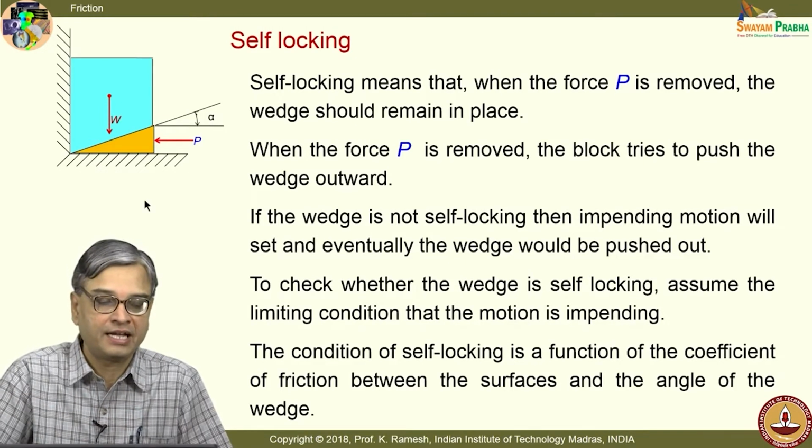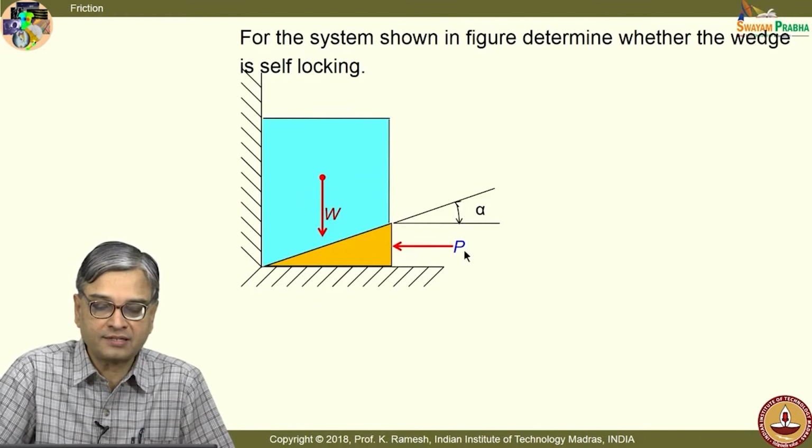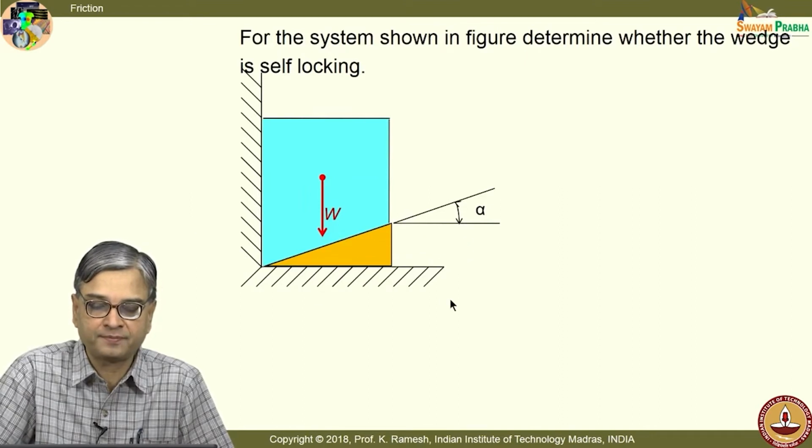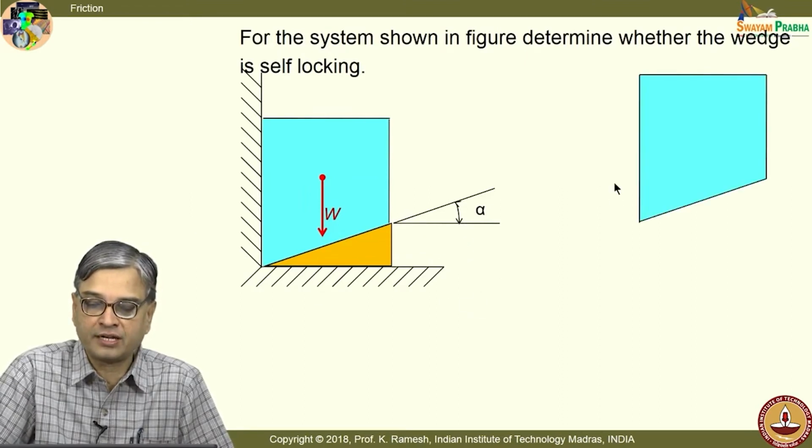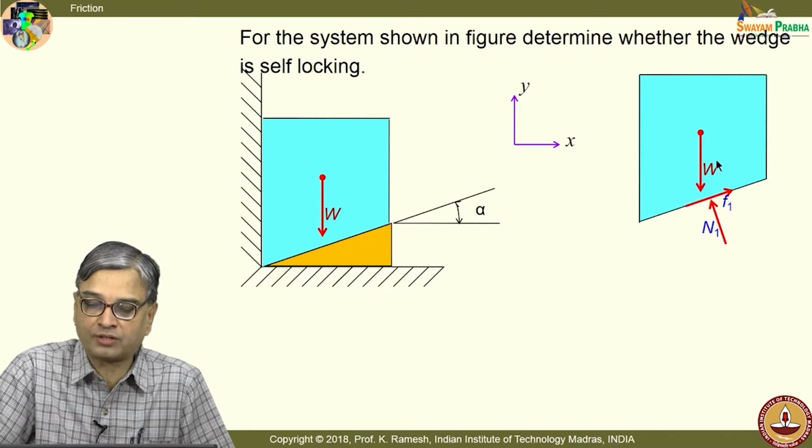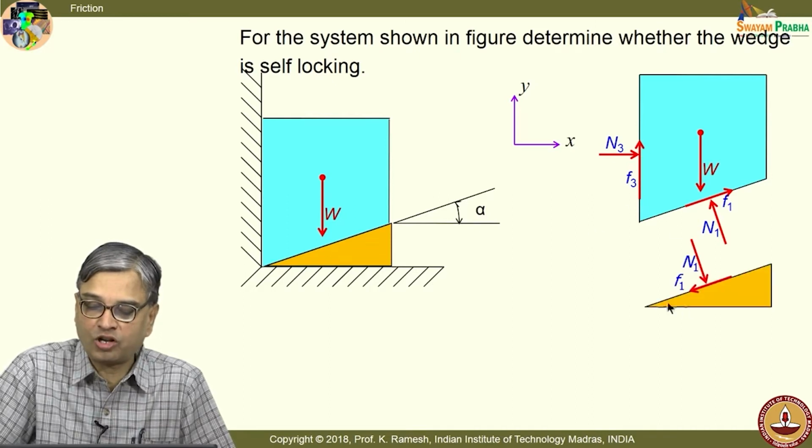Okay. And if you look at this, I remove this force P and draw the block as well as the wedge, and the block comes down. So, you will have friction in the opposite direction, and the wedge also comes out.